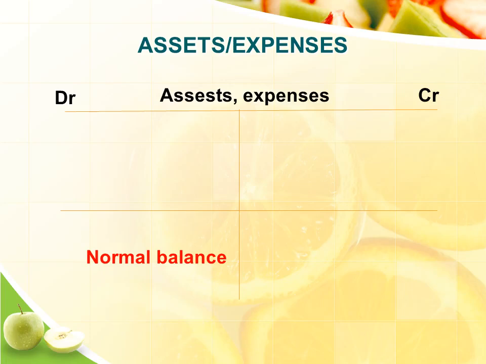Normal balance, including beginning and ending balance, is shown on the debit side. Here, shown on the debit side. When financial transactions make assets or expenses increase, the entry is debit. It means that when assets or expenses increase, we debit assets, debit expenses.